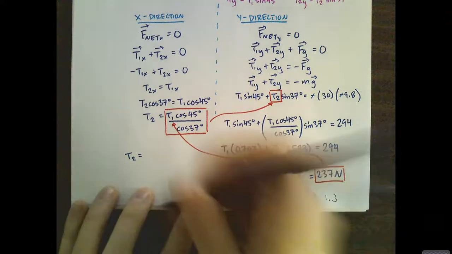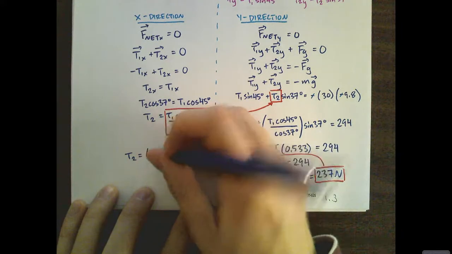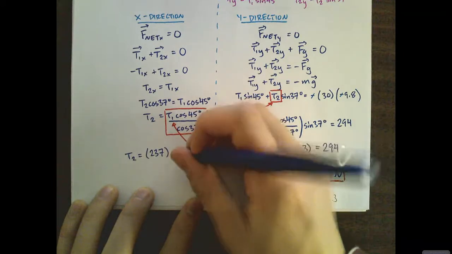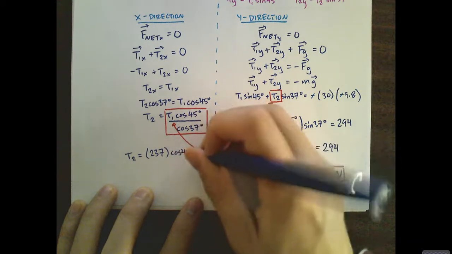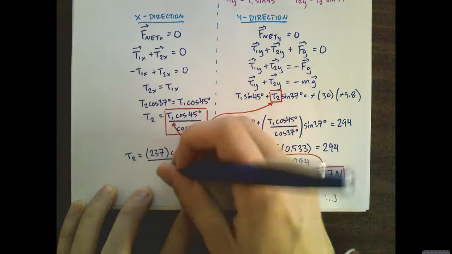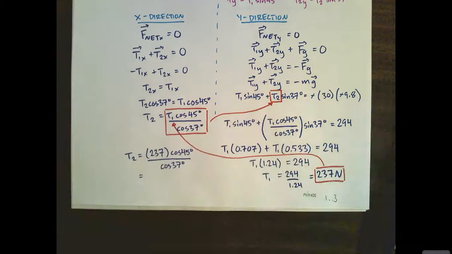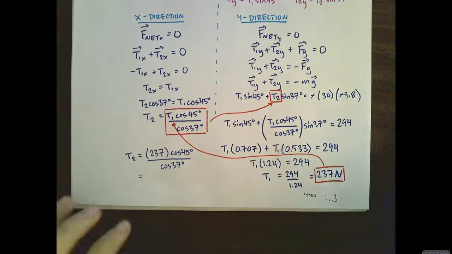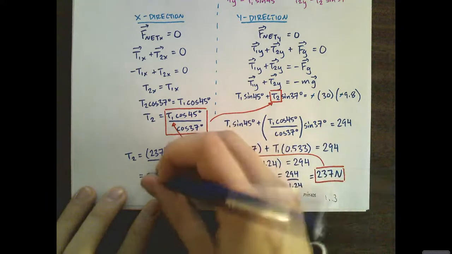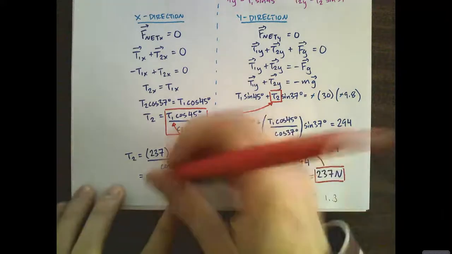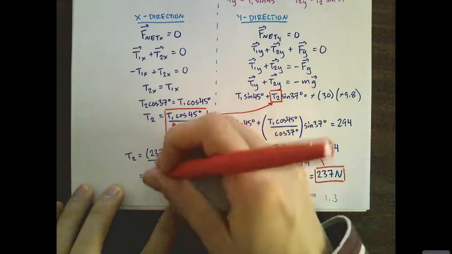So that's the tricky part there. It's like a double substitution. So 237 times cos of 45 degrees divided by cos of 37 degrees. And if you plug all of that into your calculator, you should get 210 newtons. And that is your final answer for T2.